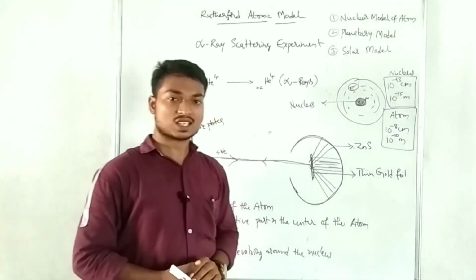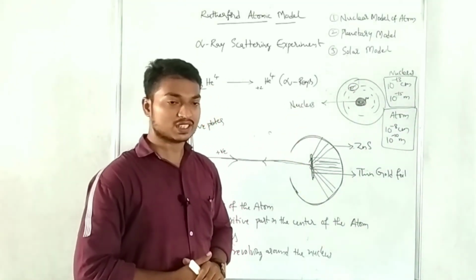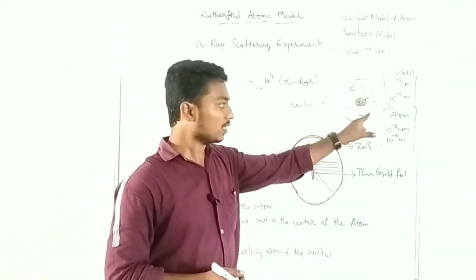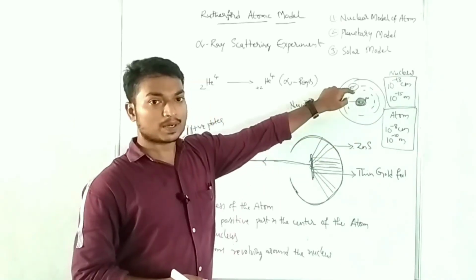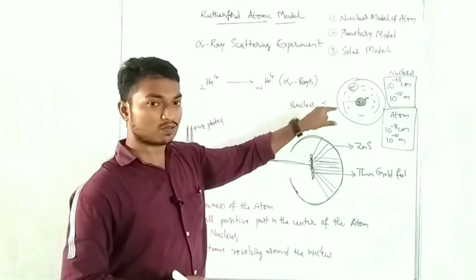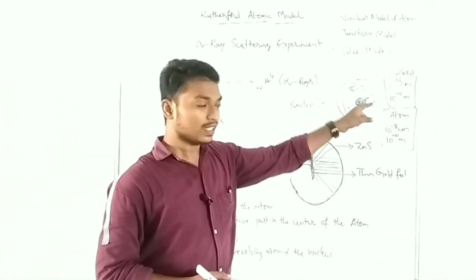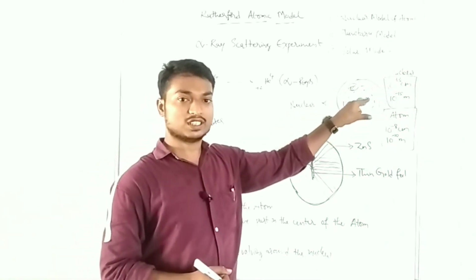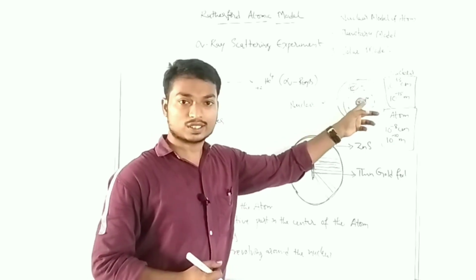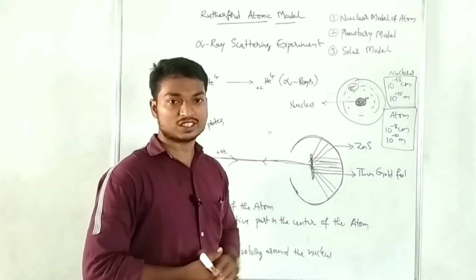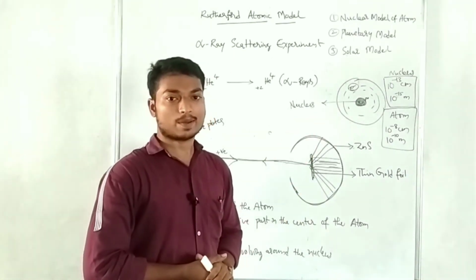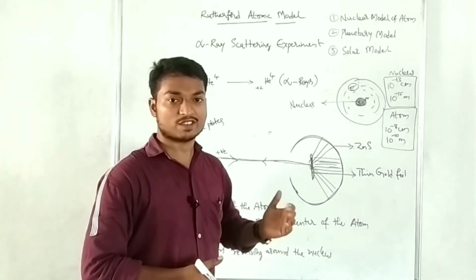If an electron, the negatively charged particle, revolves around the positively charged nucleus, the electron should continuously lose its energy, and one day the electron would lose its energy and fall inside the nucleus. But this is not happening. Atoms remain stable. Why is this happening? The explanation is not given by Rutherford.